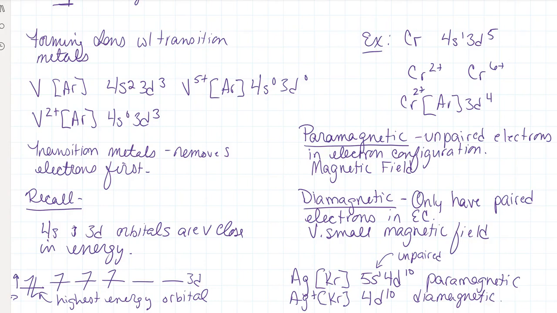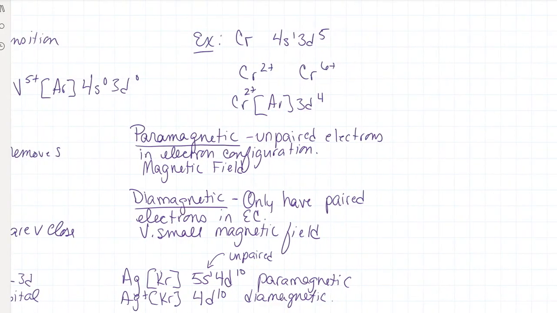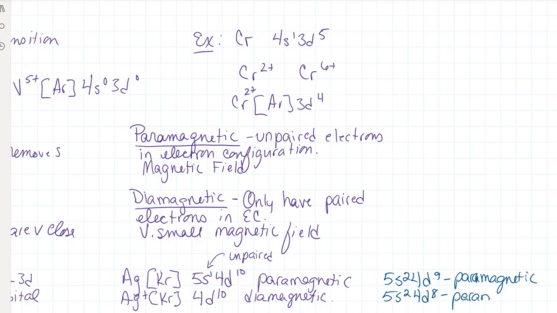In the event that silver had a 5s2 4d9 configuration, we would see that the configuration would be different. That would mean that as an element, silver would be paramagnetic. And if we took away the d electron like we thought, 5s2 4d8, this would still be paramagnetic.